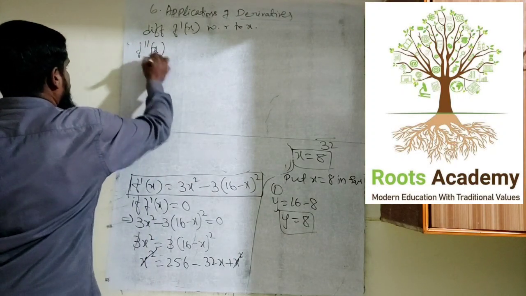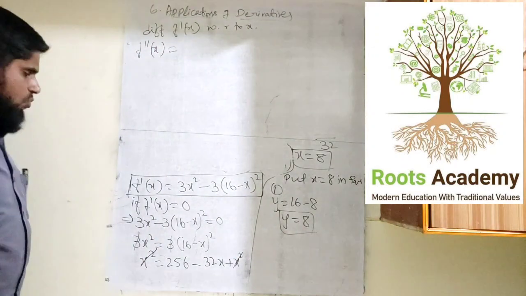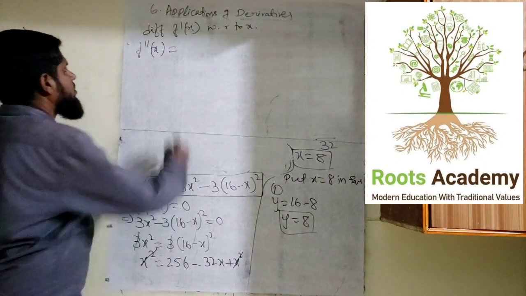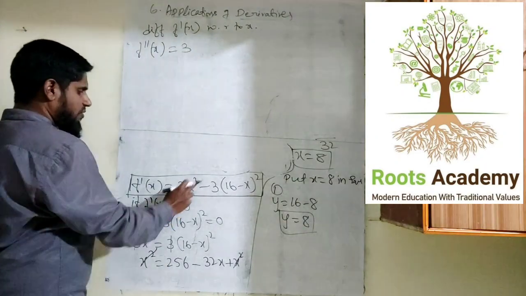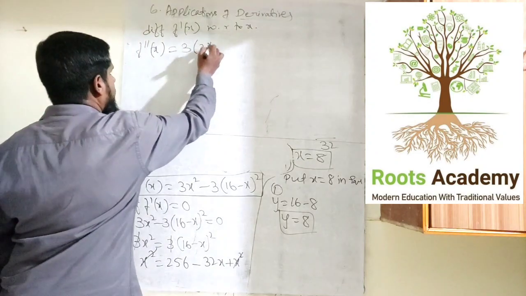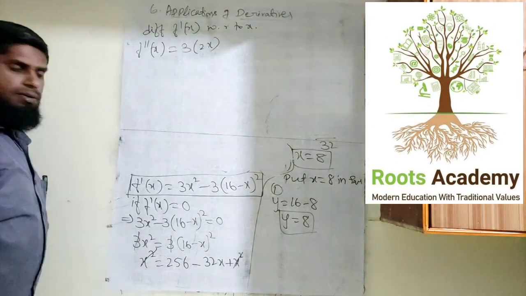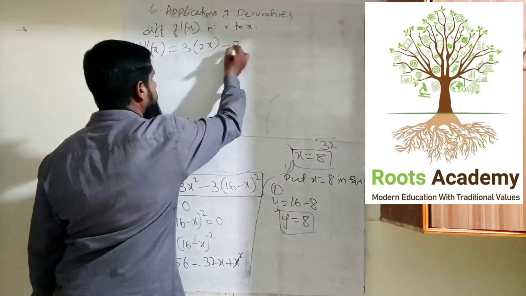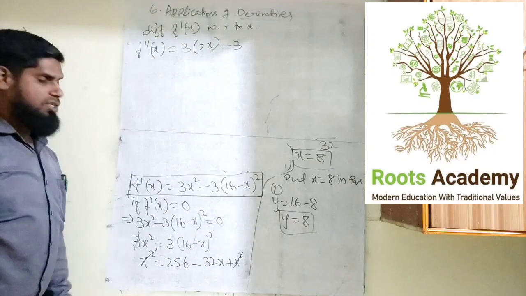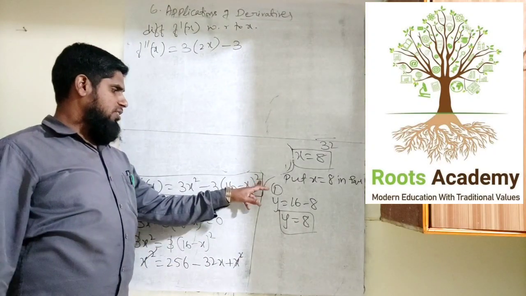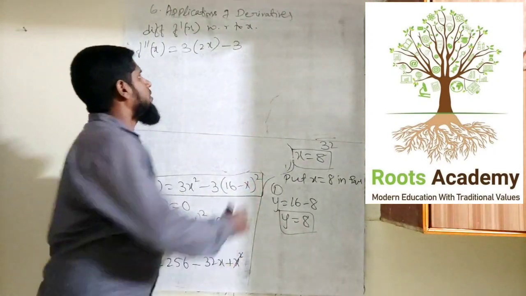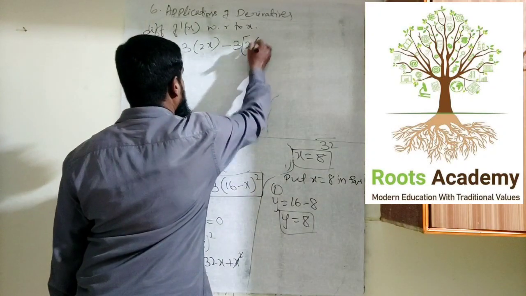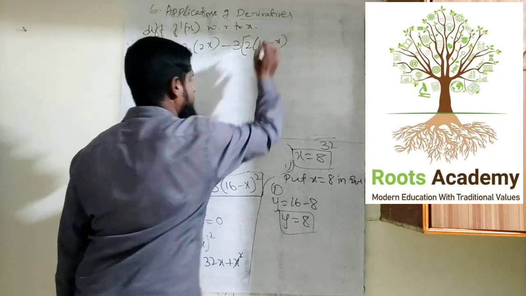f double dash of x is equal to 3 as it is, derivative of x square is 2x, minus 3 is a coefficient. Let us consider it is x square format. Its derivative is 2 into x.